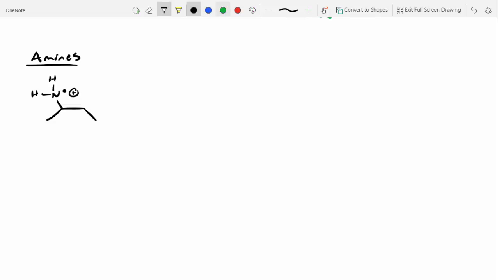And then again, we want to go through and label our alpha and our beta position. And let's try to anticipate how this cleaves. Well, it's probably going to look a lot like the alcohol. So we'll cleave this alpha-beta bond and take one electron over to that beta carbon.